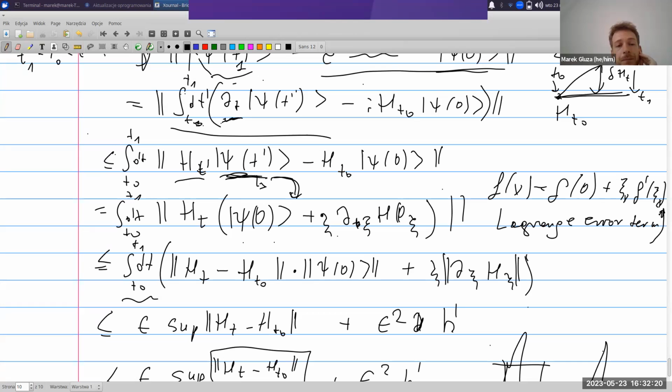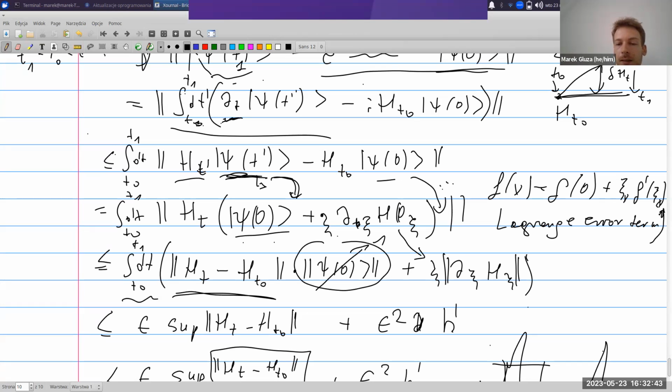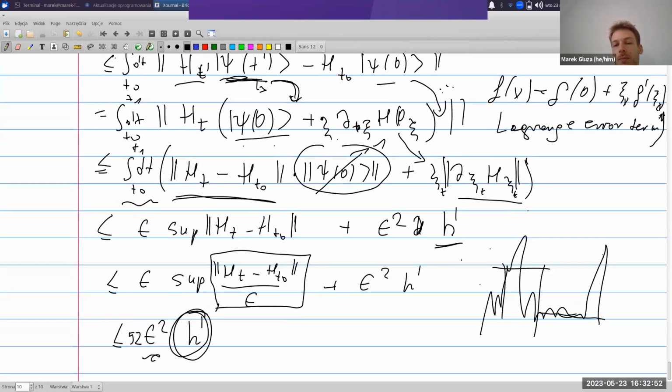That should be fine. And then what we have is that we are expanding there. I still need to put that in here. And the nice thing is that psi 0 and psi 0 they agree, so I can basically say this is 1, and then I get the norm difference of those Hamiltonians in that interval. And the Lagrange term, if I integrate this over psi t here, I can consider the maximum derivative, which we denoted by some number h prime.